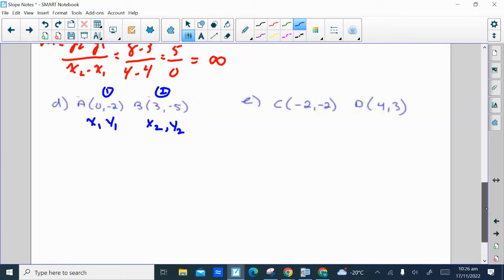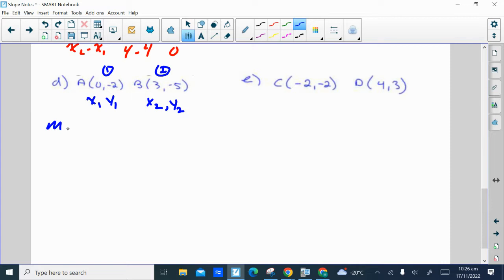And again, the slope formula, y2 minus y1 over x2 minus x1. y2 is negative 5 minus y1, which is negative 2, over x2, which is 3, minus x1, which is 0.